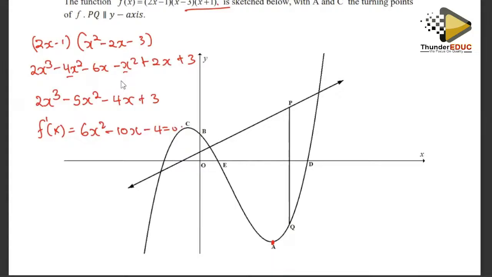Equate that to 0. So from here, we can divide through by 2, meaning it's 3x squared minus 5x minus 2 is a 0. Open that up, 3x and x. We can have a 2 and a 1 more. That's a 6.